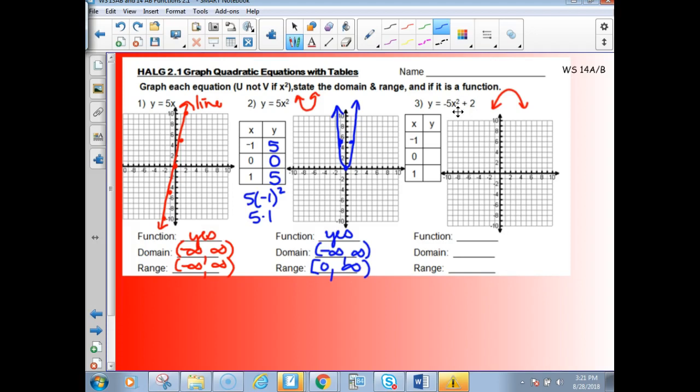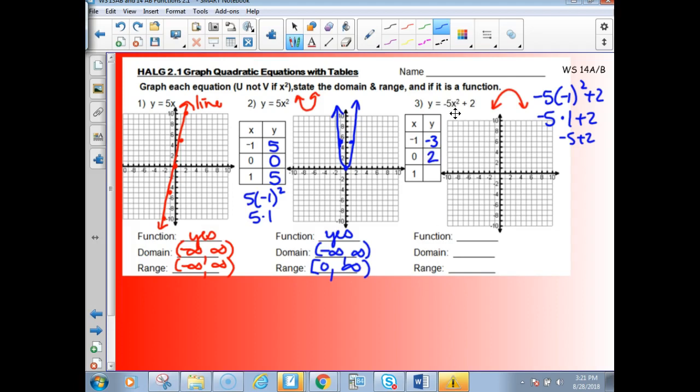All right, the next one, we suggested that it should open down. Let's see what happens when we plug in a number. -5 times -1 quantity squared plus 2. -1 squared is 1, so we've got -5 plus 2, which is -3. If we put in 0, this whole term's gone, and you'd get 2.